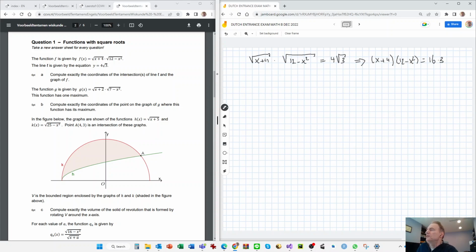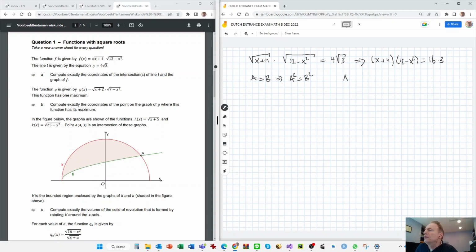And you should note that the reverse is not necessarily true. If A is equal to B, then for sure A squared is equal to B squared. But the reverse is not necessarily true. I think this is one of the math skills also listed in the syllabus.